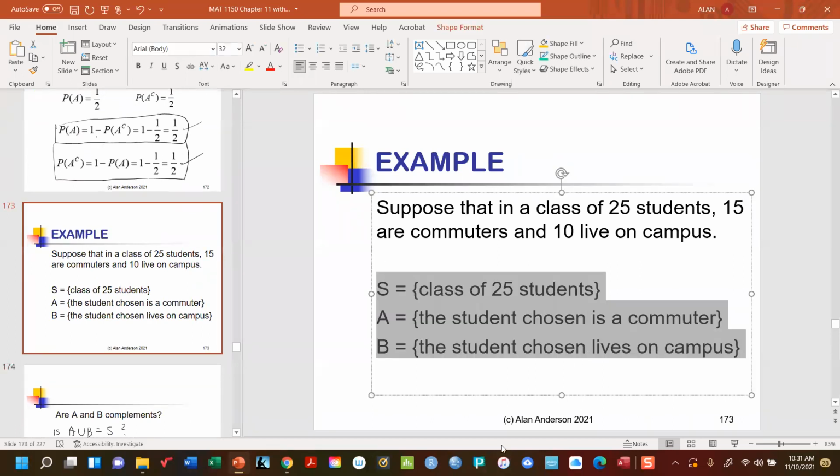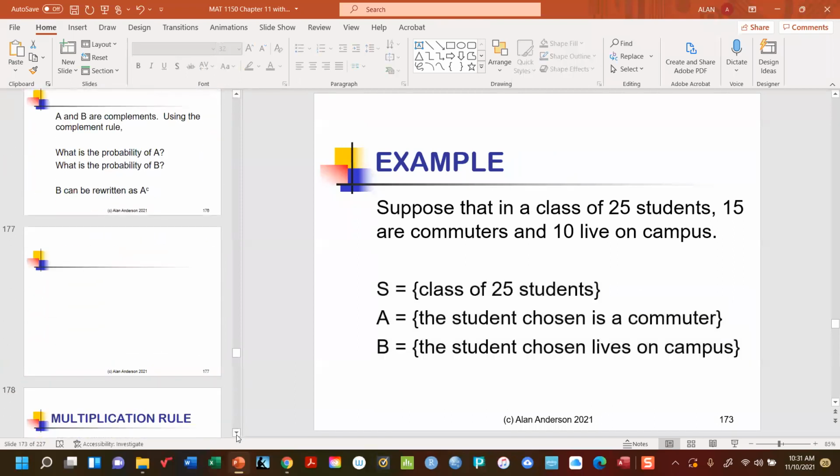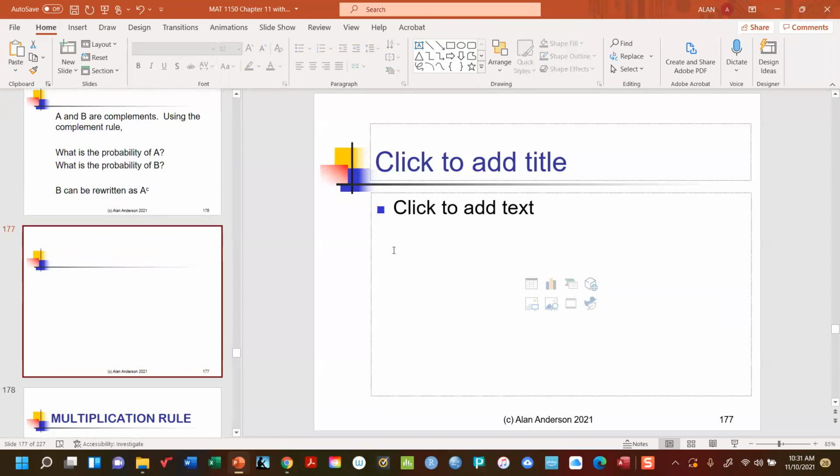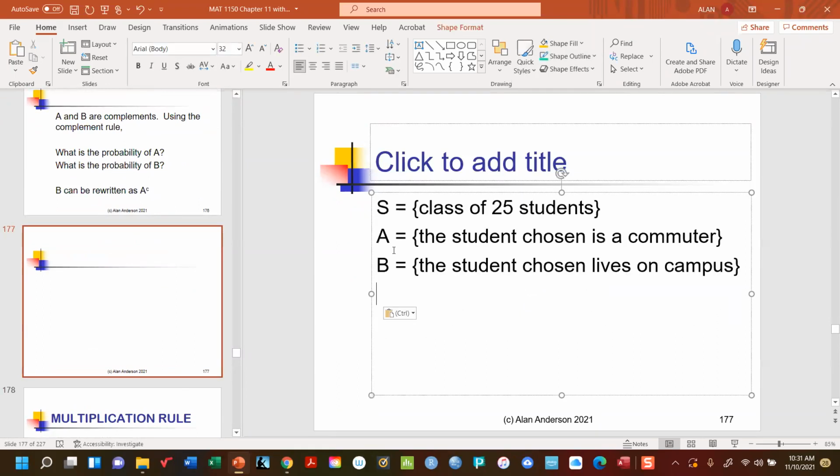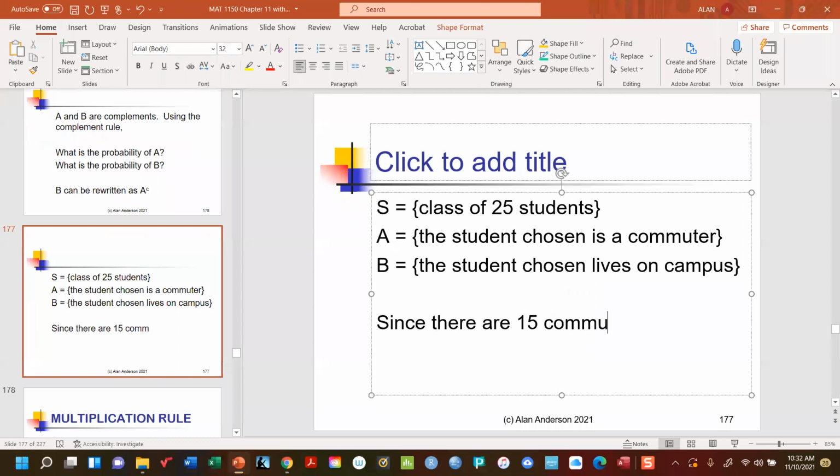If you recall, 15 are commuters and 10 are living on campus. So that means out of a class of 25, A is 15 out of 25, which is 0.40.